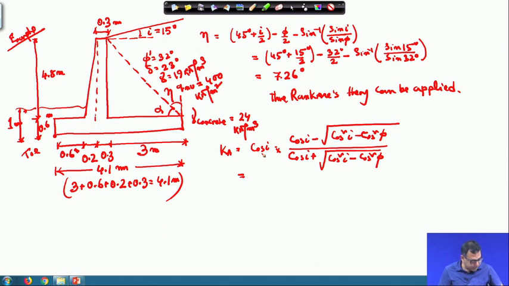So, I value is 15 degree and phi value is 32 degree. If I put these values, this K A will come out to be 0.34.